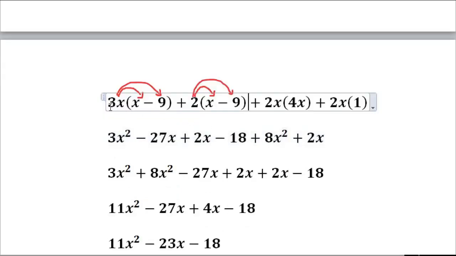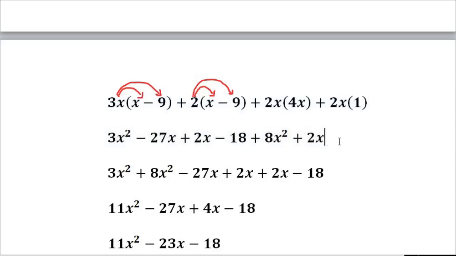We have 3x times x, 3x squared, 3x times negative 9, negative 27x. 2 times x is 2x. 2 times negative 9 is negative 18. Same as 2x times 4x is 8x squared, and 2x times 1 is 2x.